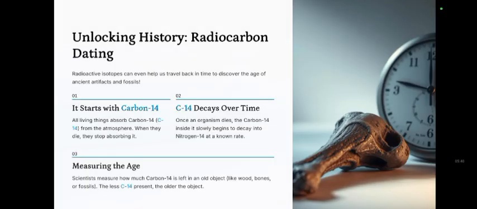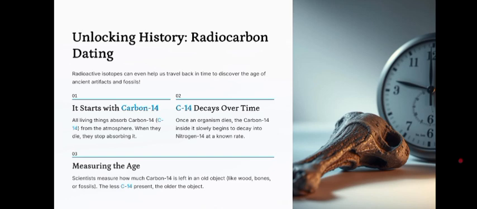Dear students, it's time to discuss one major application of radioactive isotopes in unlocking history, a process known as radiocarbon dating.